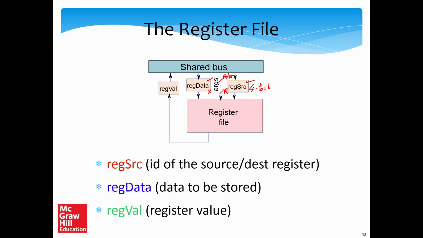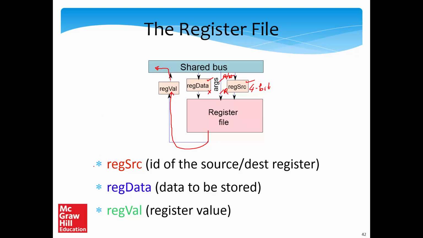The ID of the register will be there in reg source, and the contents that are read from the register file will get stored in the reg val micro register. Subsequently, if some other part of the processor wants to know what exactly was read from the register file, then the reg val micro register can supply the value on the shared bus.